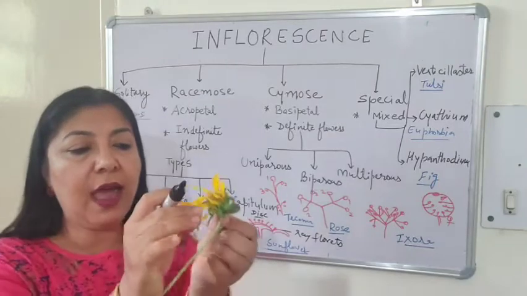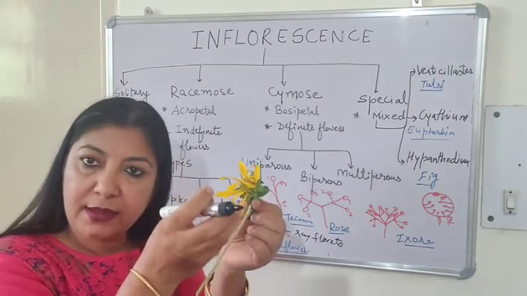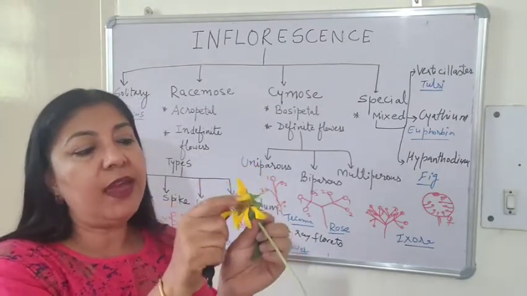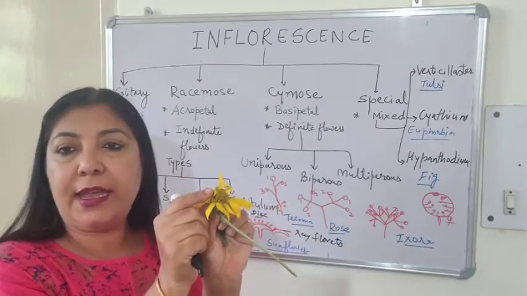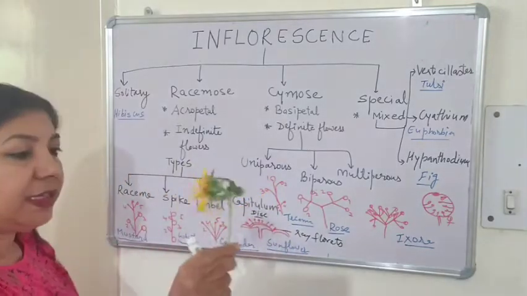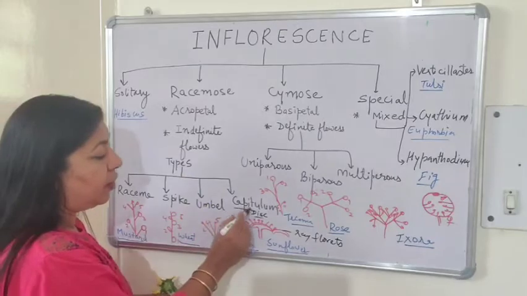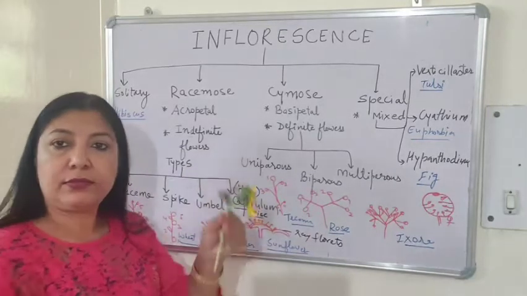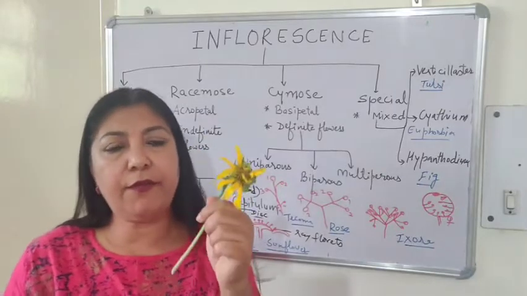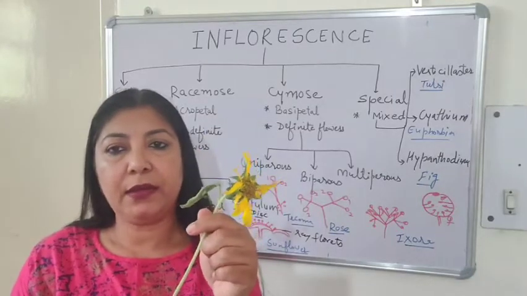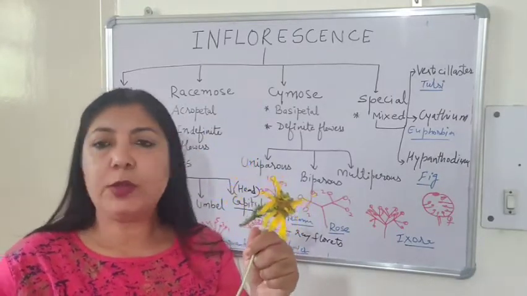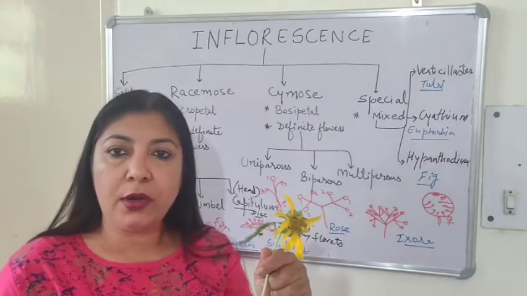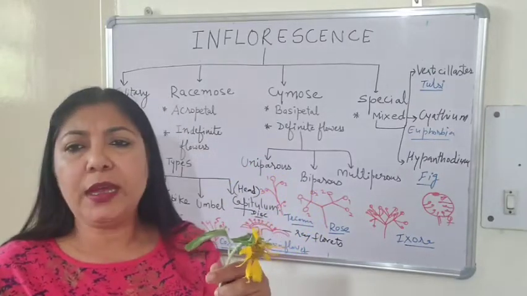Okay, so the ray florets are just for attracting the insects for pollination, whereas the disc florets are the fertile flowers. So this inflorescence is called capitulum or head. It is a characteristic feature of the sunflower family. In the sunflower family, we have so many plants like marigold, zinnia, and so many others.